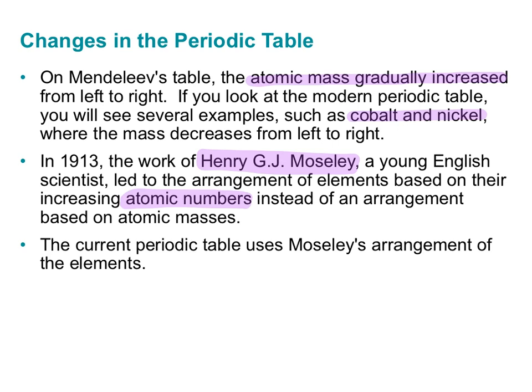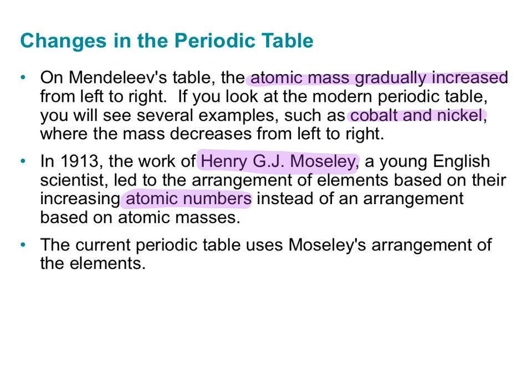And if you arranged the elements by atomic number, you got almost the exact same table as Mendeleev's, which was discovered 40 or so years earlier. But it solved out these different mass issues. And so cobalt and nickel switched.